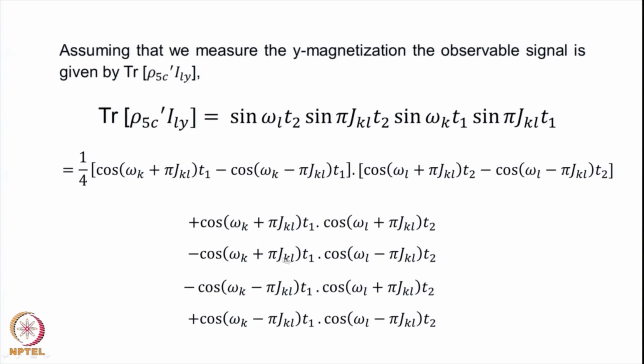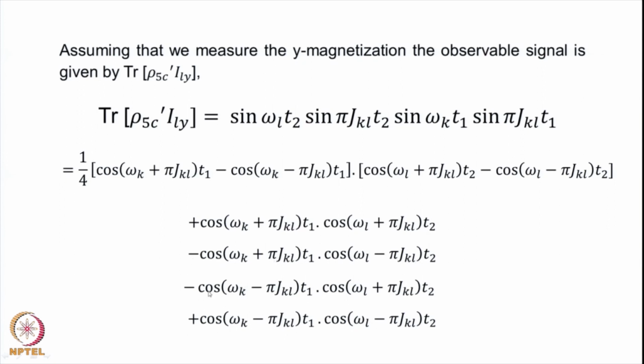So, after 2 dimensional Fourier transformation, each one of these will produce a peak. Therefore, where will these peaks appear? Along the F1 dimension, this will be at omega k plus pi j k L, and along the F2 dimension it will be omega L plus pi j k L. Okay. And this will have a plus sign, and this one will produce a peak at omega k plus pi j k L and omega L minus pi j k L, and this will have a negative sign.